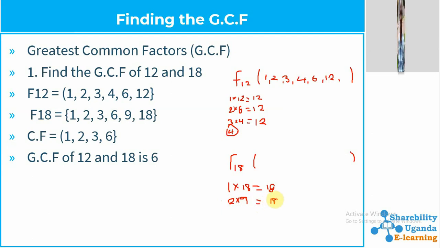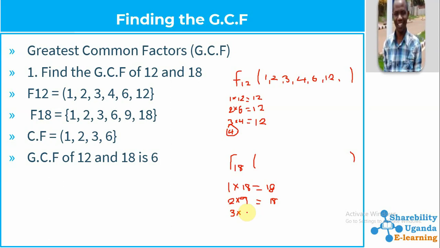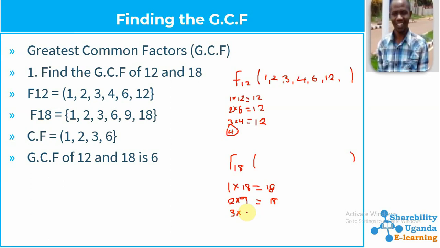Okay, then which other number can we try? Let's try 3. Which number can we multiply by 3 to get 18?